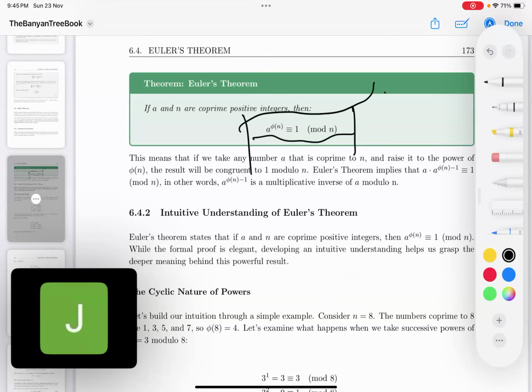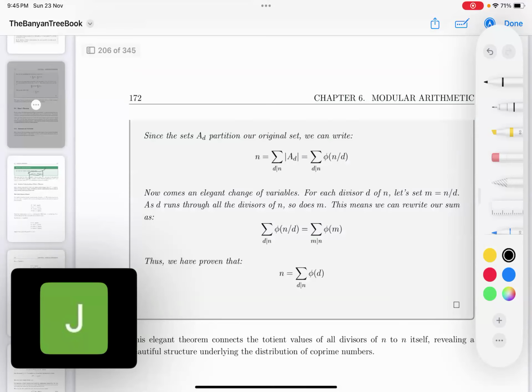Let's discuss Euler's theorem in the next class. But the idea is this chapter is the most important chapter. If you understand this chapter well, I think most of the questions come from this chapter.